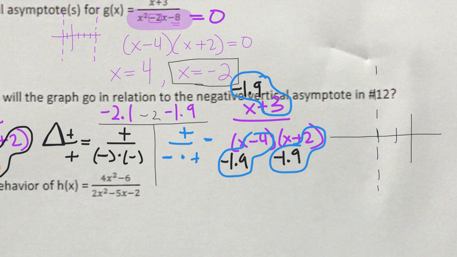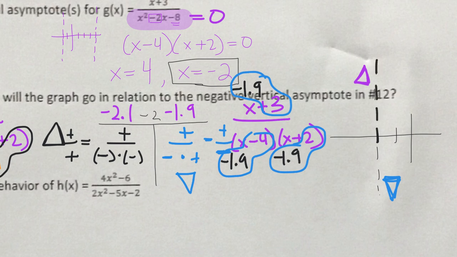So I have a positive in my numerator and a negative in my denominator, because a negative times a positive is a negative. So my graph is going down on the right side of my asymptote, x equals -2, and my graph is going up on the left side of x equals -2.